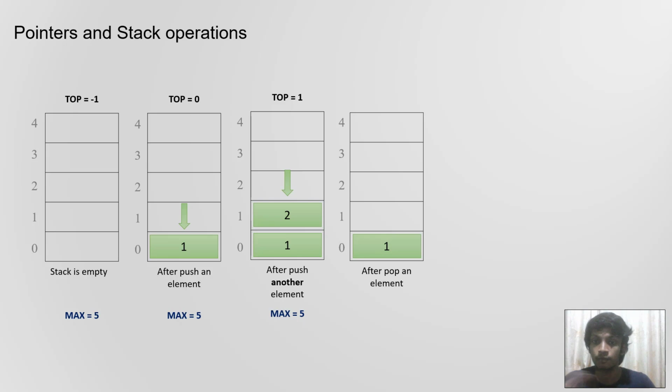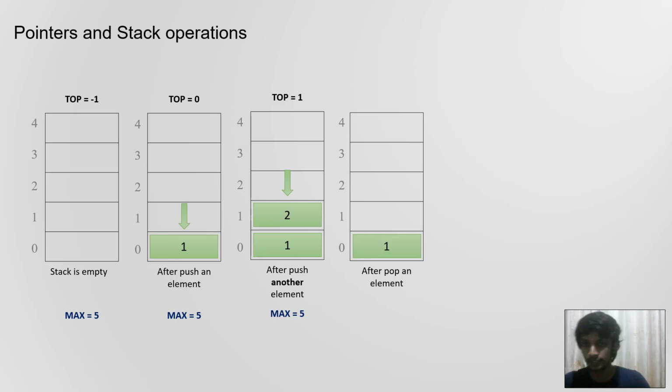So what if I pop an element, which means I am deleting an element from the stack? What do you think happens to the top and max? Okay, so you already know max can't be changed, so the max will remain as 5.